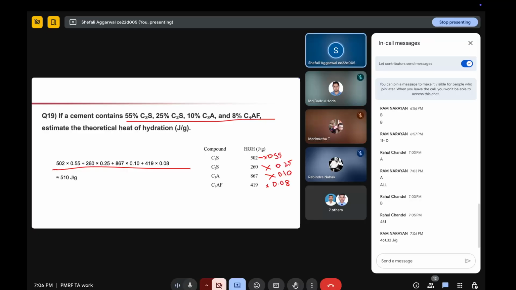Sorry, it's 461.32. So you are correct only. I will correct it and then update the PPT. So it will be approximately 462 joules per gram.